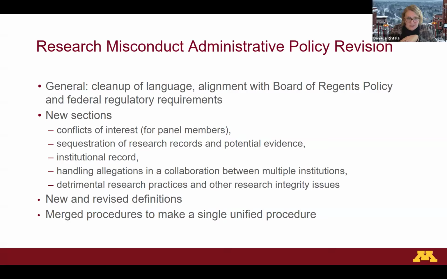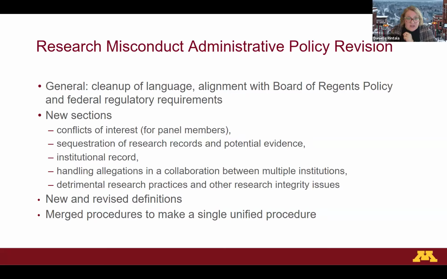So conflicts of interest for the panel members, sequestration of research records and potential evidence, which we already had an existing appendix for, but we also put some information about how that happens in policy. Institutional record, which we now have to maintain a full record of every single allegation, inquiry, and investigation reports that we do for a period of 7 years.